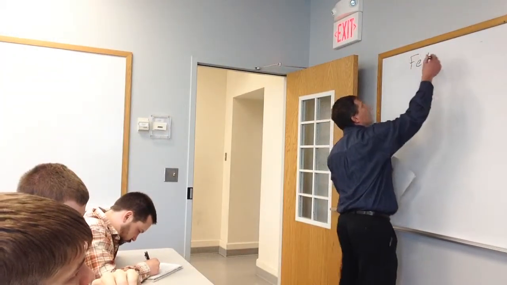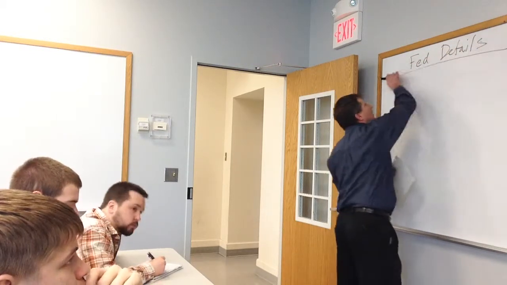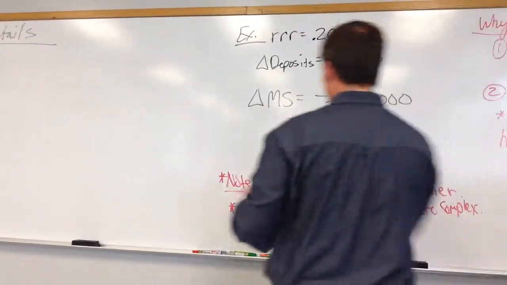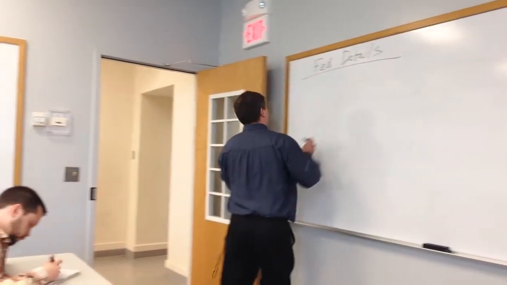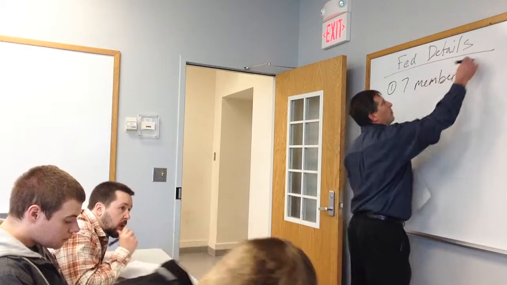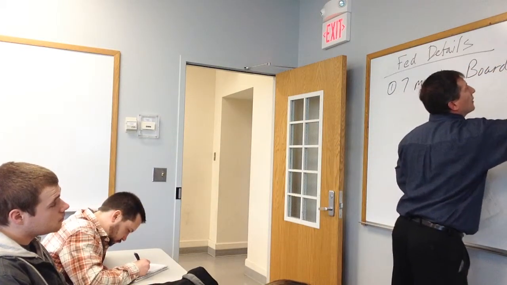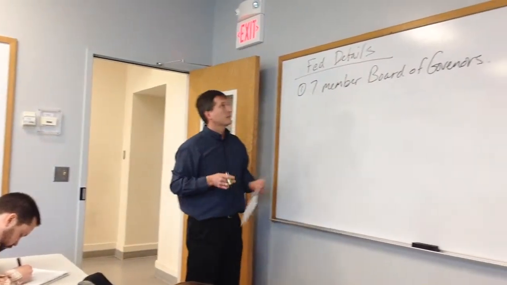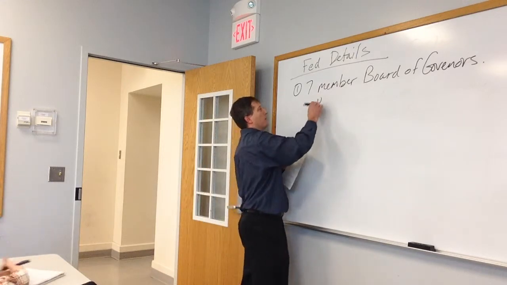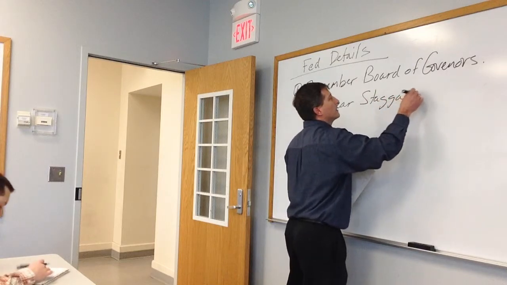So let's call this Fed details. Remember, we're calling the Federal Reserve Bank the central bank of the United States, the Fed. So number one, there is a 7-member Board of Governors. Each one of these people serves a 14-year staggered term.